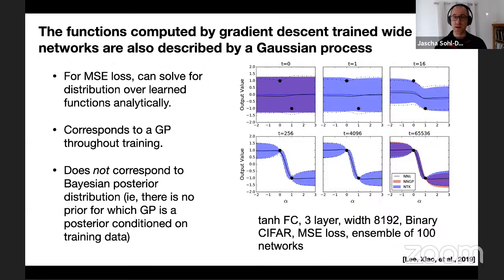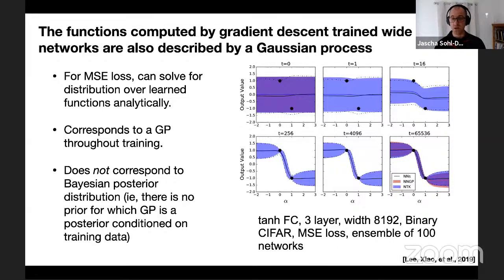From the first part of the talk, we know that the distribution over functions at init is a Gaussian process. We also know how a Gaussian distribution evolves under linear dynamics. The distribution over functions that result from gradient descent training of wide neural networks with an MSE loss then turns out to be a Gaussian process throughout training.